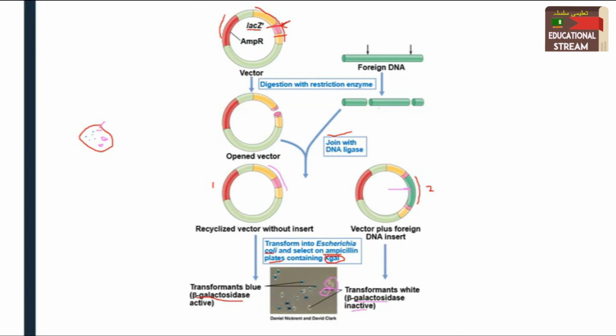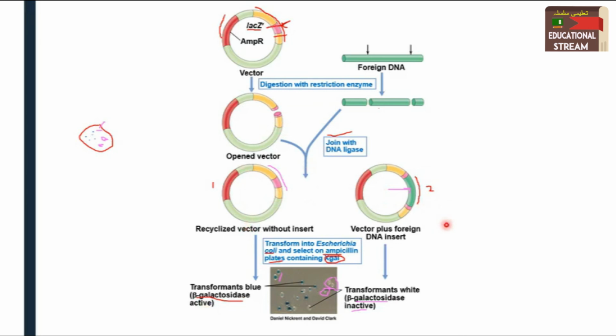And if you see the blue colonies, blue means these are the transformants in which the beta galactosidase is active and it is metabolizing the X-gal and giving the blue color. So this process is the double selection, which is on the ampicillin plate. Only those colonies will grow which contain the plasmid, and that plasmid could be an empty plasmid or with a sequence.